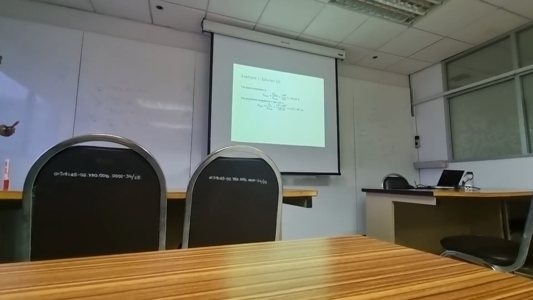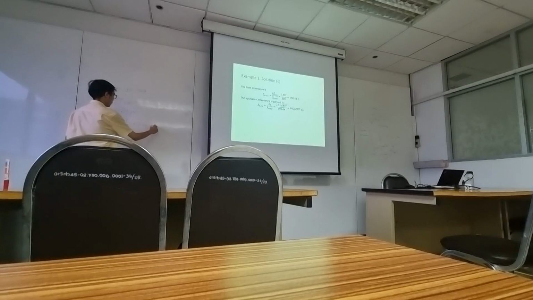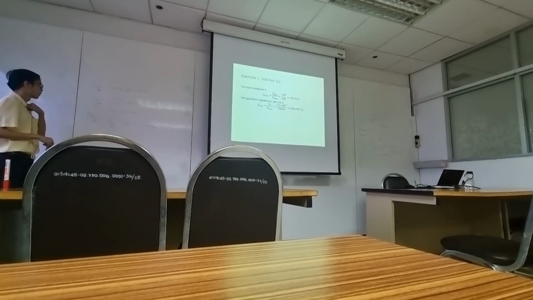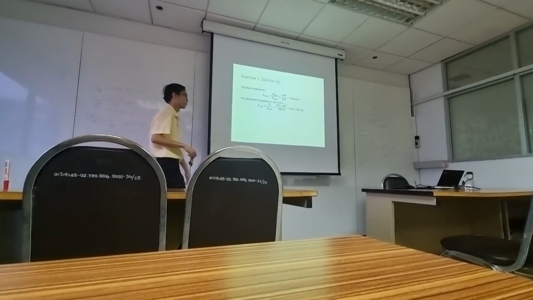Okay, so in per unit, the impedance is just 1 over the short circuit capacity in per unit. I have already shown you this, right? Because we already talked about it.